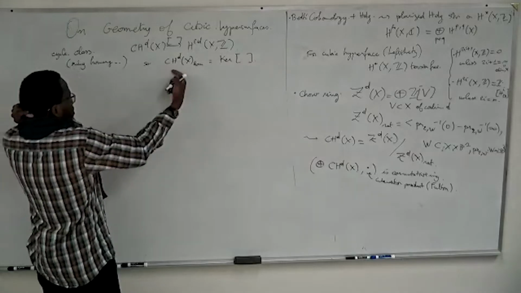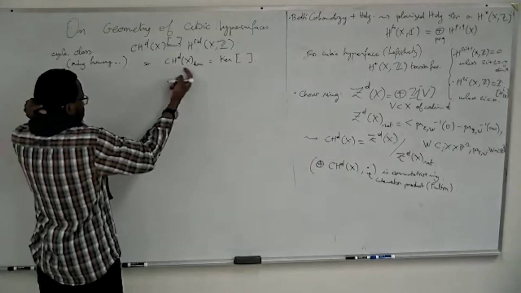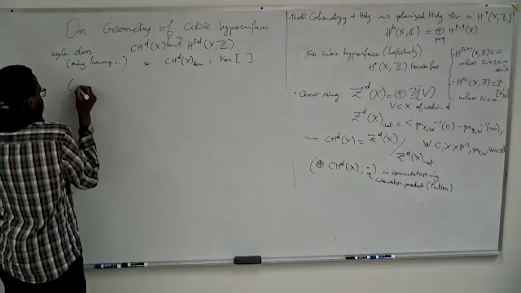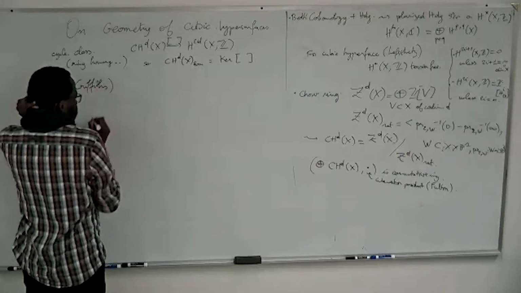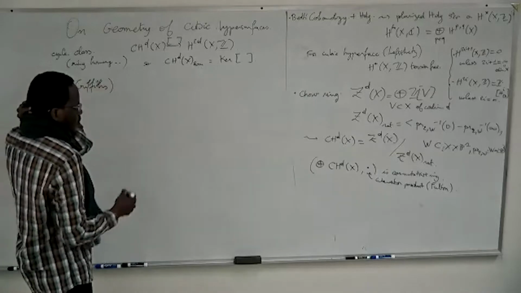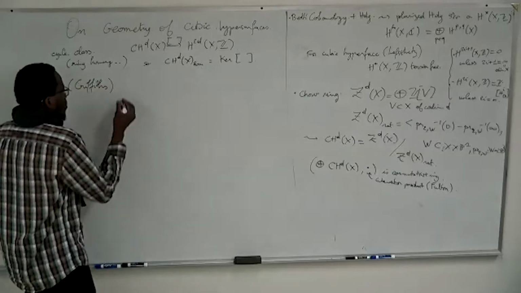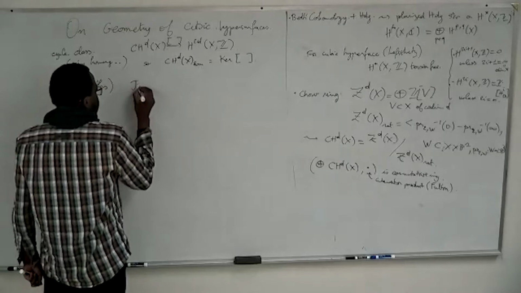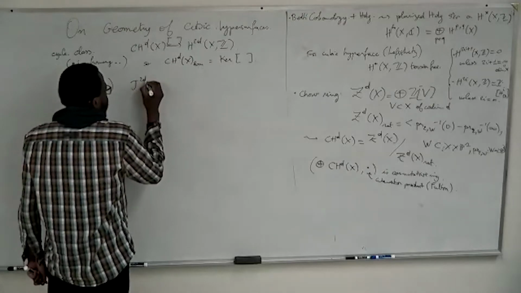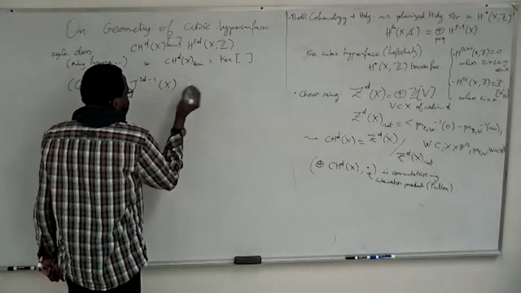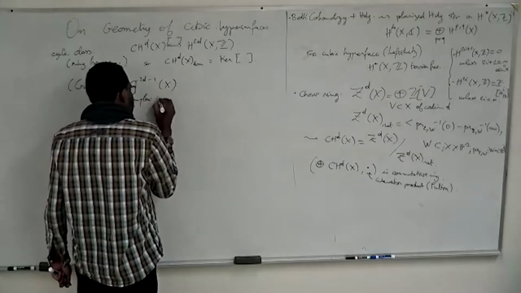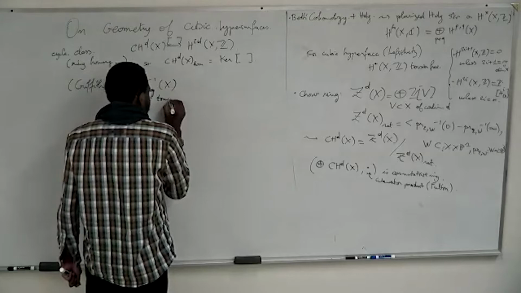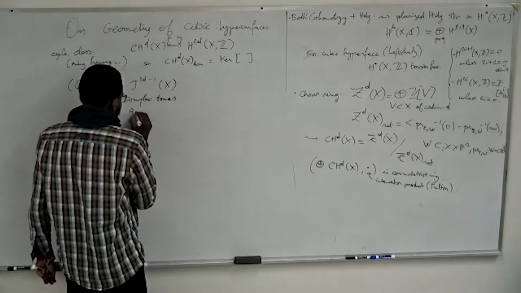To go deeper into the Chow group and to analyze Chow groups that are homologically trivial, there is this tool introduced by Griffiths, which generalized the Abel-Jacobi map for curves. It's called the Intermediate Jacobian, and it is a complex torus constructed using Hodge structure.